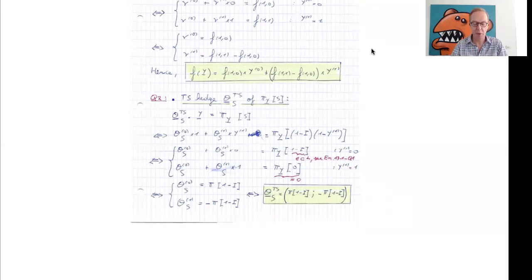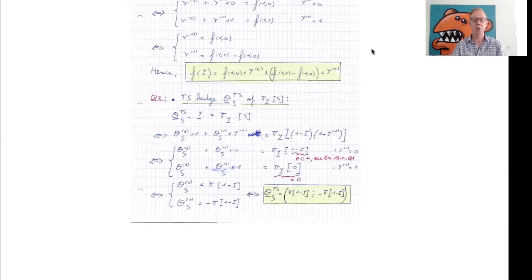So if we have a look more closely, we find that θ_0 of S must be equal to π(1 − I), and θ_1 of S must be minus π(1 − I), where π, of course, is the underlying actuarial valuation of the conditional valuation π_y(S).